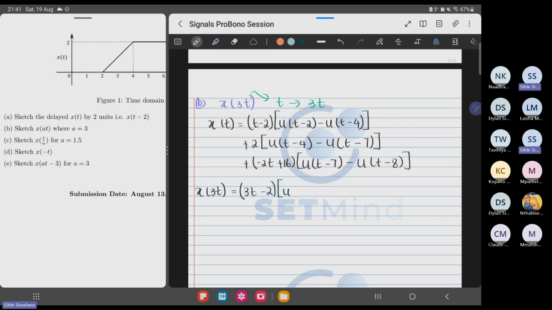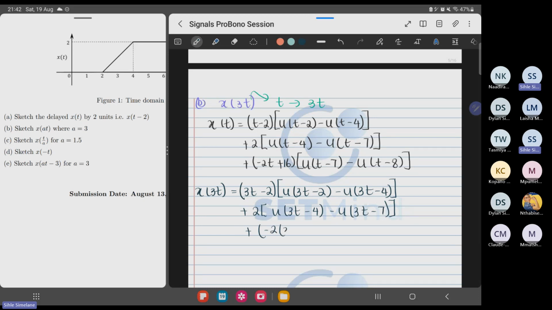into u of 3t minus 2 minus u of 3t minus 4, and then plus 2 into u of 3t minus 4 minus u of 3t minus 7, and then plus negative, where we see t, we need to put 3t.